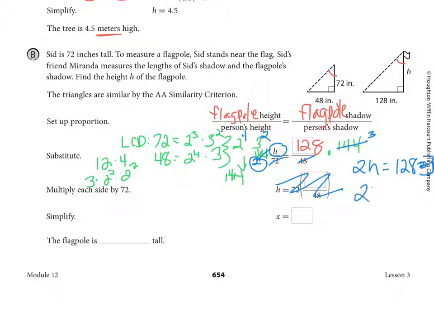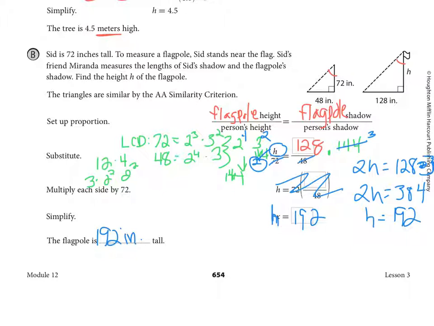And so 2h equals 384 when we do that multiplication, and a division is that h, not x, h comes out to be, by 2, h is 192 and so that's 192 inches tall.